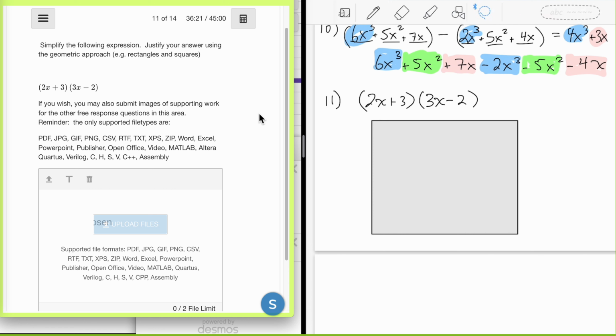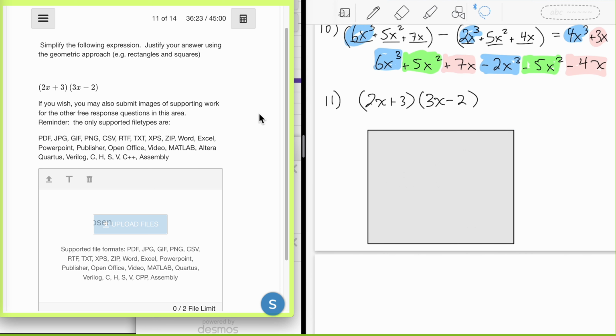I'm going to go down the line here. I need 2 x's. So I'm going to call this distance x. Maybe a little longer. Doesn't matter. I'm going to call this distance x. So every distance of that length is now x.